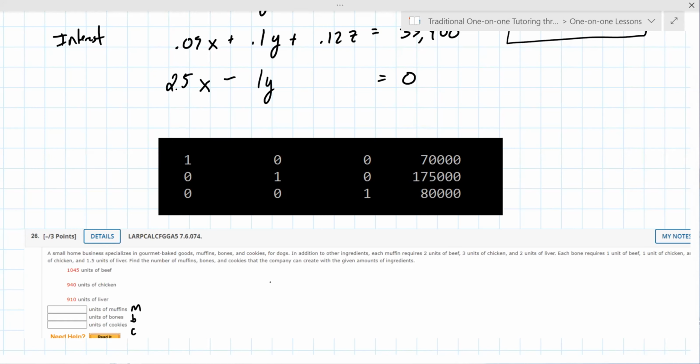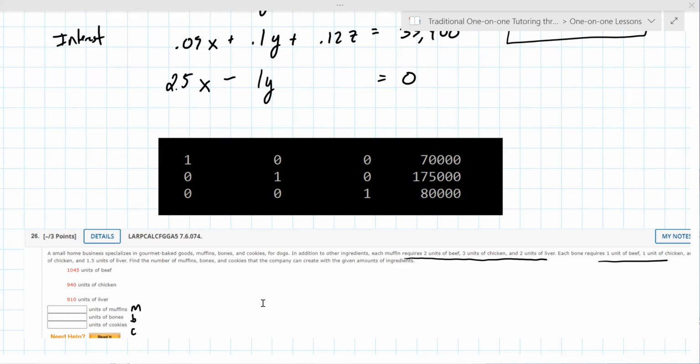But now they're doing it backwards. Okay, let me. Two, 3, and 2, 1, 1, and 1. What's the other one here? 2, 1, and 1.5.